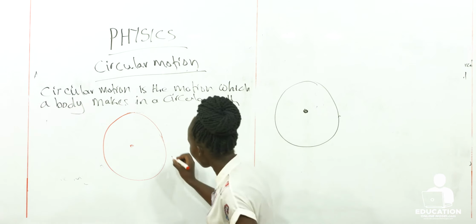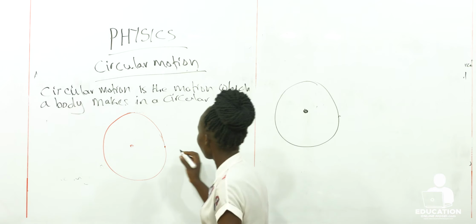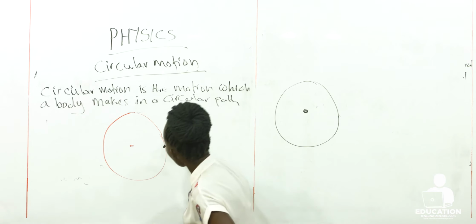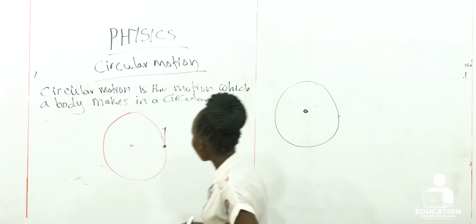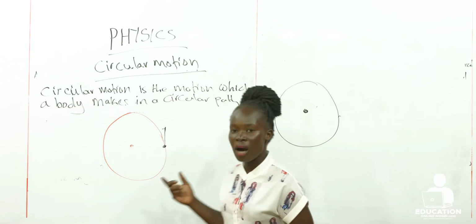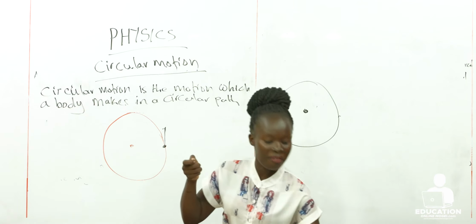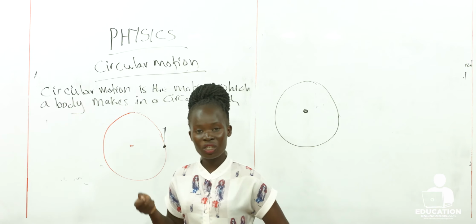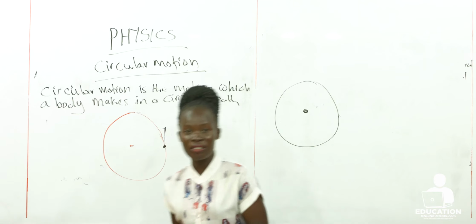If the body reaches here, you'll see that the velocity is moving this way. We also have, because I am holding a string, another force acting on this string, which is known as the tensional force. And every tensional force acts towards the center.